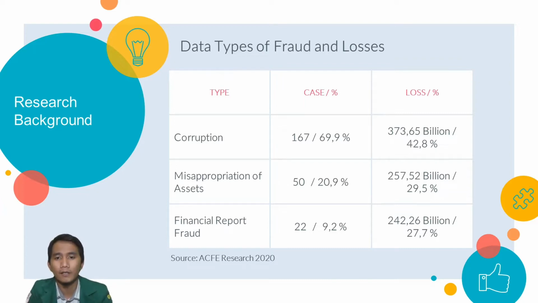Misappropriation of assets accounts for 20.9% of cases, with a loss of 29.5%. And financial report fraud, or financial statement fraud, accounts for 9.2% of cases, with a loss of 27.7%.